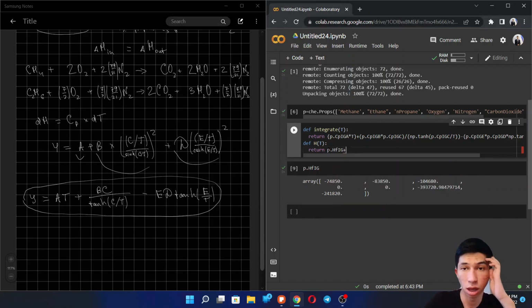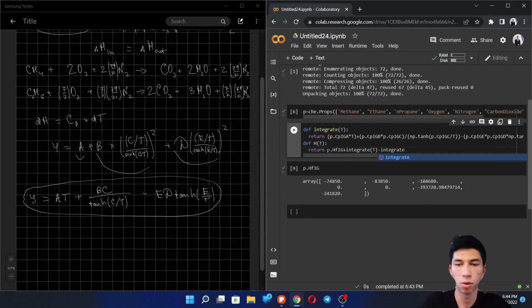And we can add our integrate values. So what we are doing is we are finding the difference between two integrals, right?